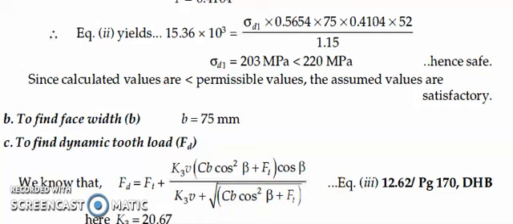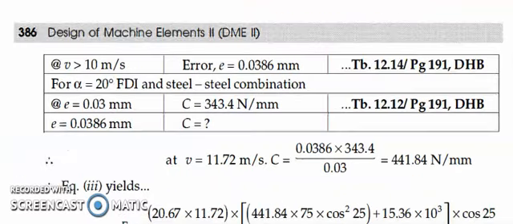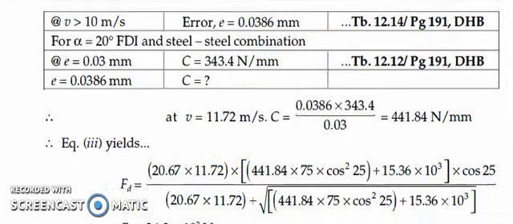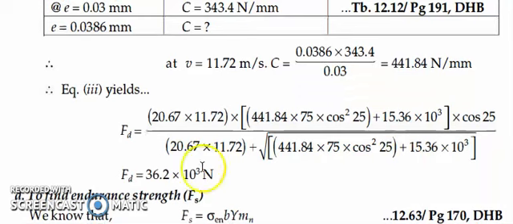It is similar to the spur gear method, and using the table and these values, which are already given in the data book itself, you can calculate the value of Fd. Using a calculator you will get it as 36.2 into 10 raised to 3 Newton.